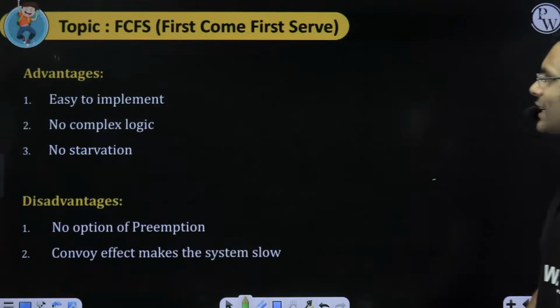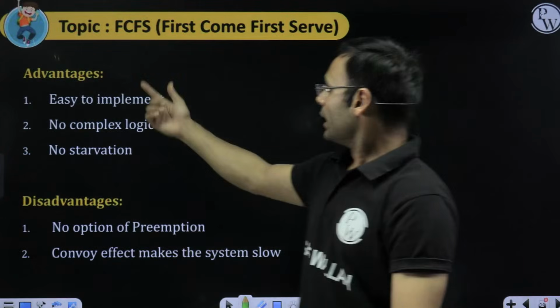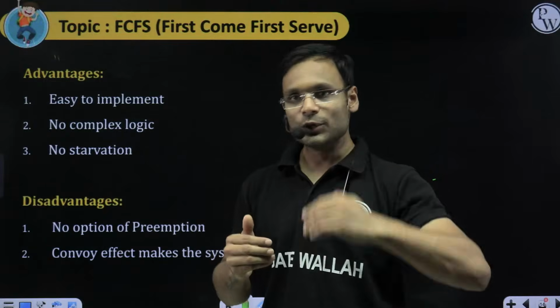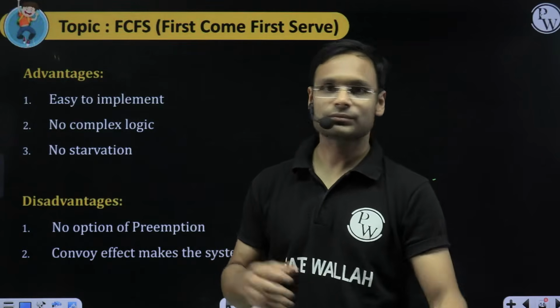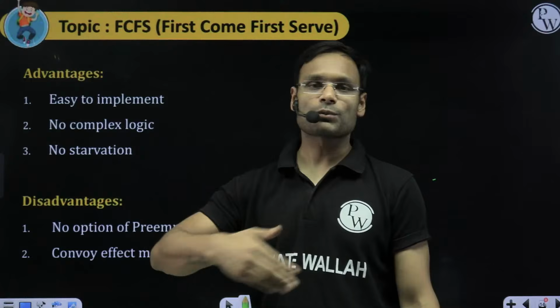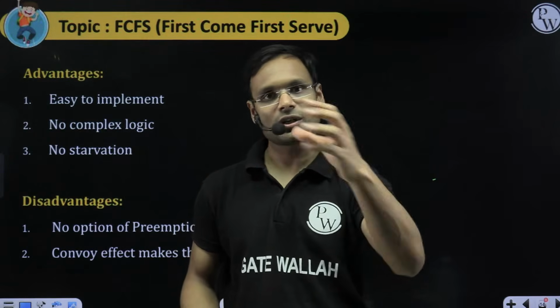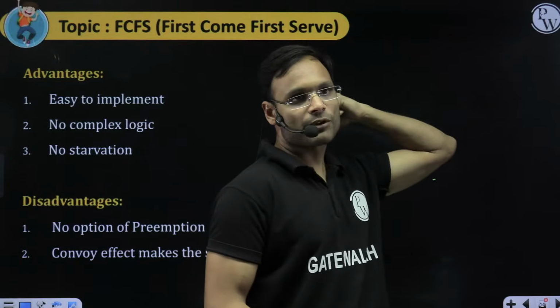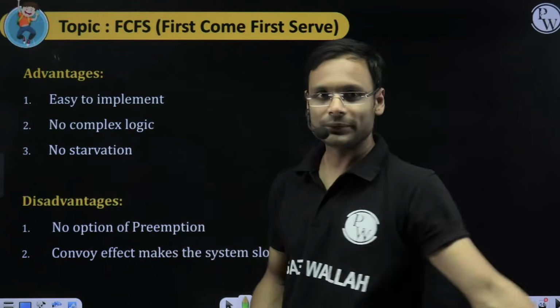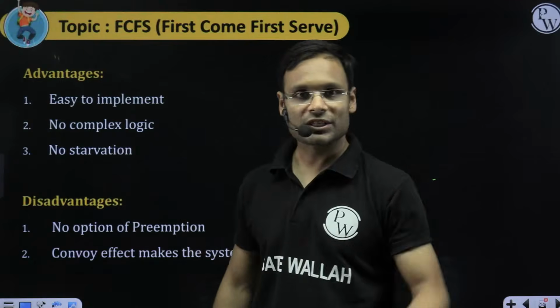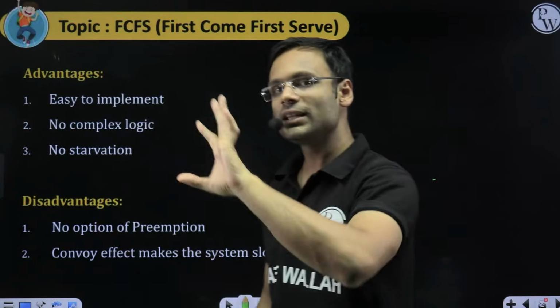But before that, let's analyze FCFS. FCFS is very easy to implement. Use a queue data structure and we are done. As in the sequence processes are arriving, we keep adding them in a queue data structure and remove a process from queue data structure and execute. Simple. No starvation. What is the starvation? I'll explain you it in the SJF.